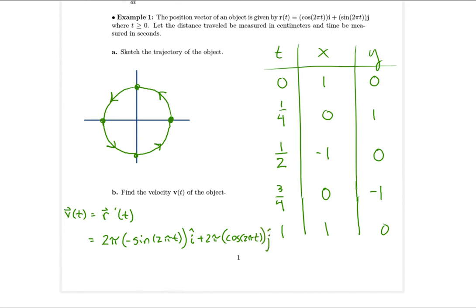That's going to give us our j component. And so just to clean this up, negative 2 pi sine 2 pi t and then 2 pi cosine 2 pi t.